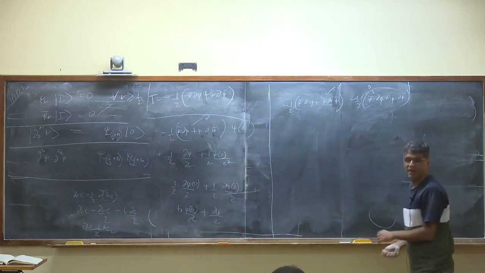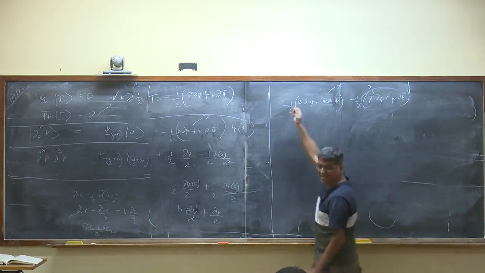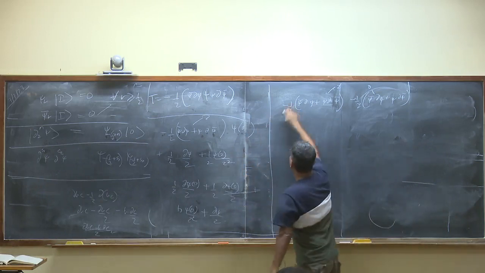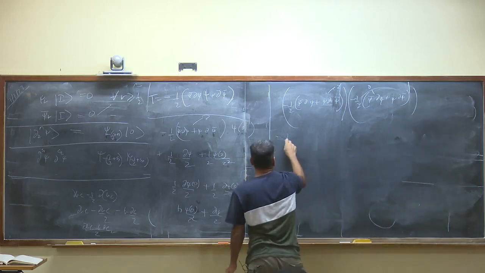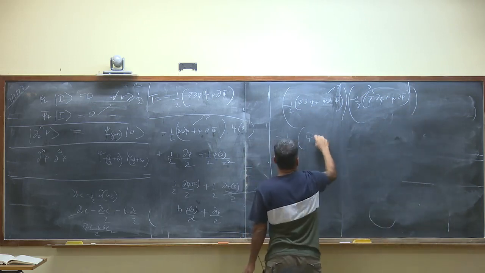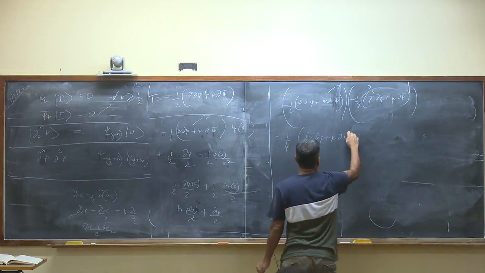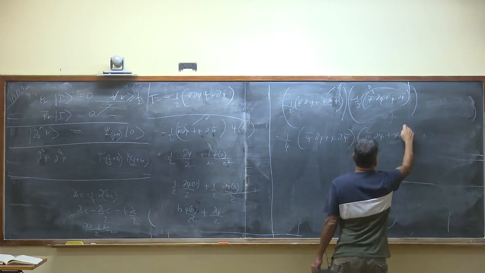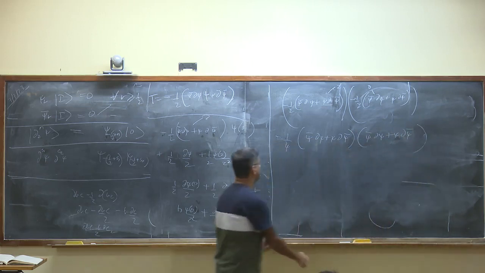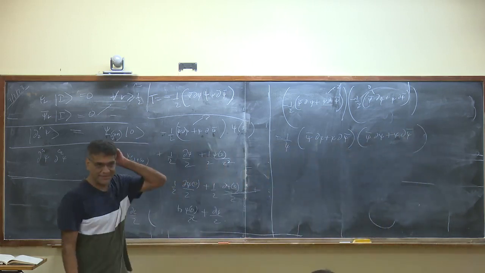Excellent. So, fine. Let's quickly work this out and then we could go for lunch. I'm sorry for taking so long. Okay, so this is equal to 1 by 4 times psi bar del psi plus psi del psi bar acting on psi bar del psi plus psi del psi bar. Now we've got lots of terms.